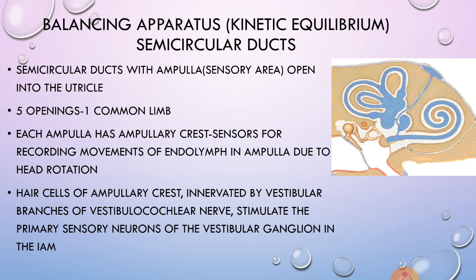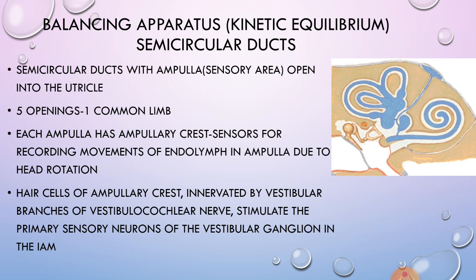The semicircular ducts with ampulla, sensory area, open into the utricle. Like the semicircular canals, the semicircular ducts also have 5 openings because one common limb is present between the anterior and the posterior semicircular duct.